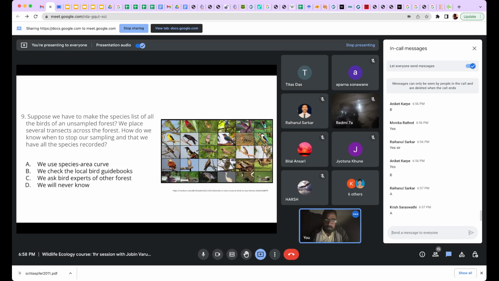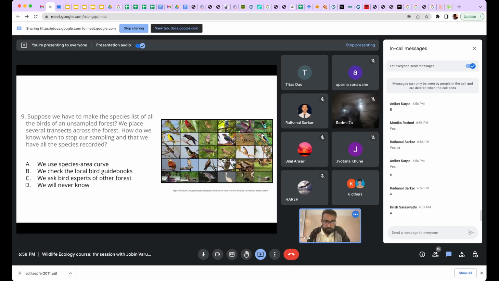Okay, so the options are we either look at the species area curve, or we check the local bird guidebook, or we ask bird experts of other forests. D is we will never know.